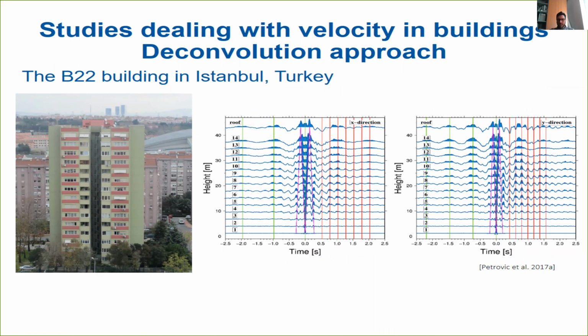We also made analysis using seismic noise. In this case, these are the results using the station at the basement as a reference. Once again, you see, when we use seismic noise, even if the station is in the basement, we have symmetrical results, both in the X and the Y direction of the structure.